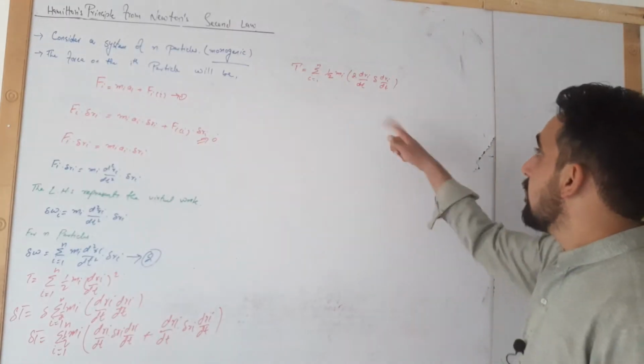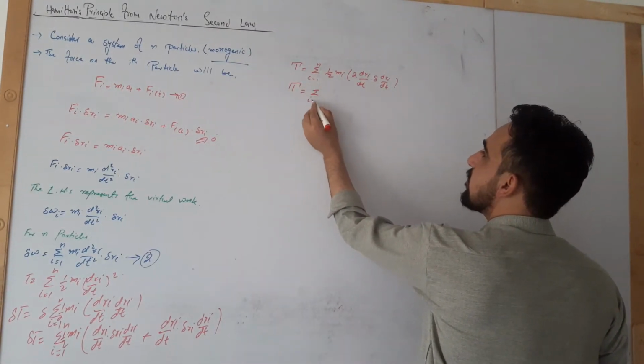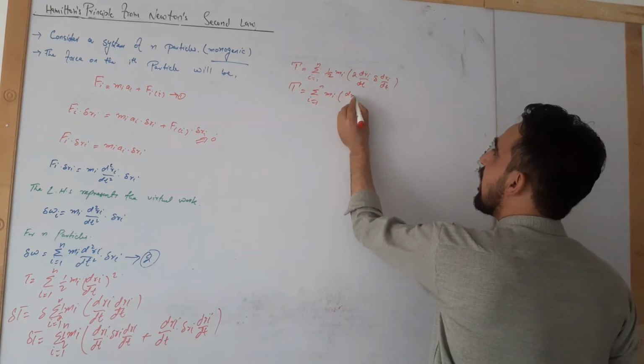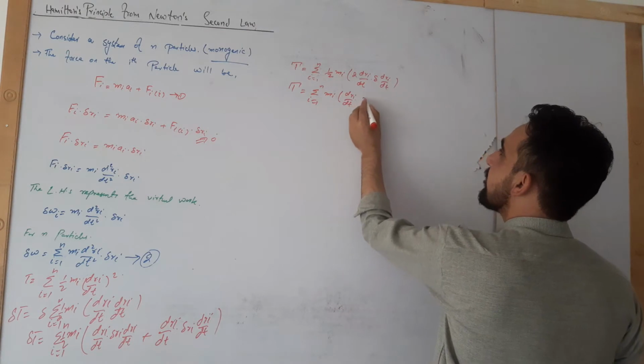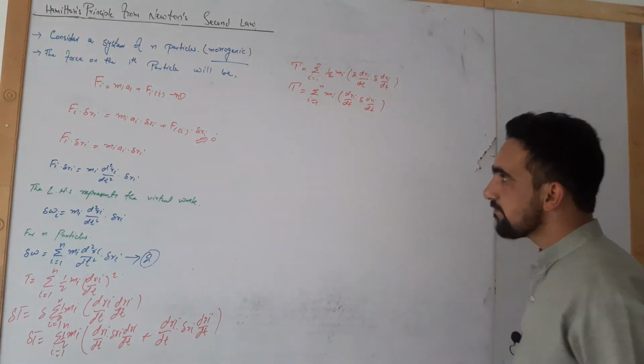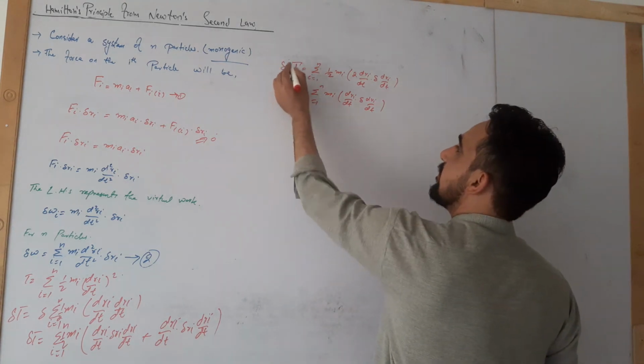The 2 will cancel out, and we will have summation i is equal to 1 up to n Mi dRi over dt times del dRi over dt. Okay, so this is our equation number 3, del T.